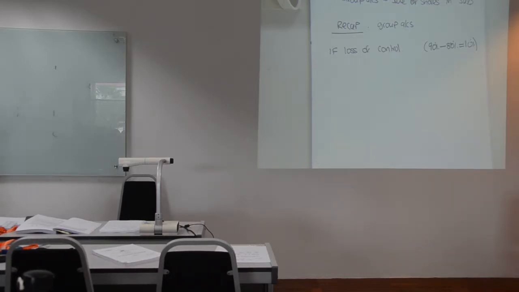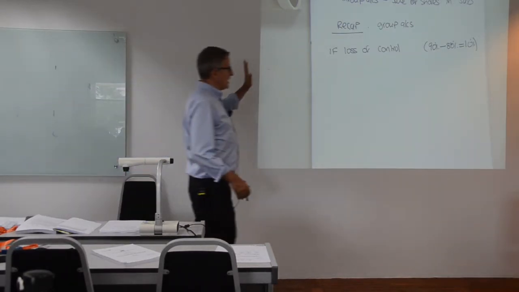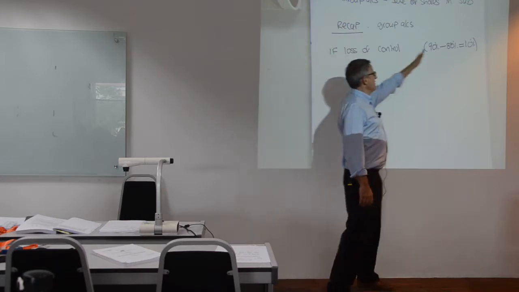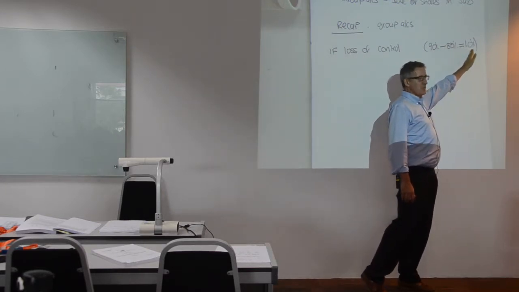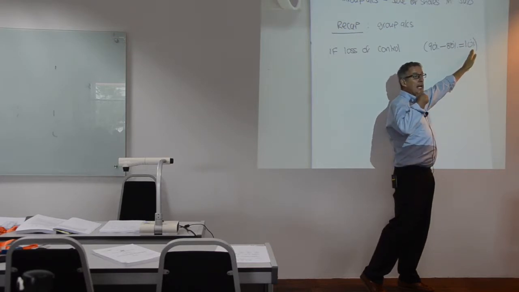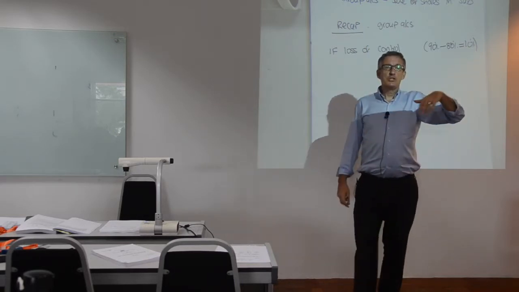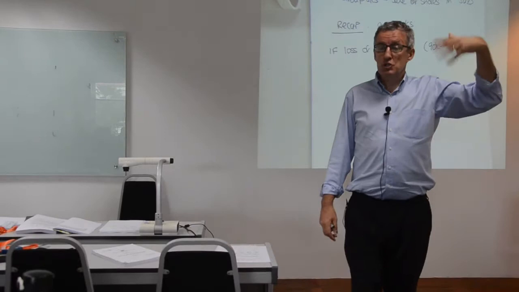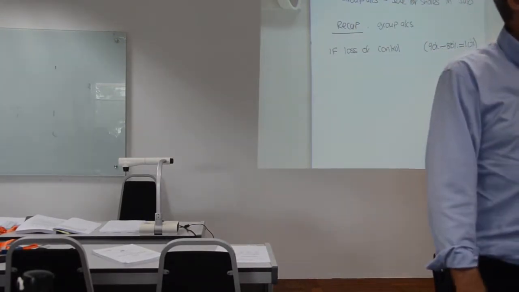Now, one scenario is that there's a loss of control. Let me change the numbers slightly. I have 90%, I sell 80%, and therefore I'm left with 10%. And that clearly is an example where we've lost control. Now, if we've lost control, so many consequences occur. It's no longer a sub.